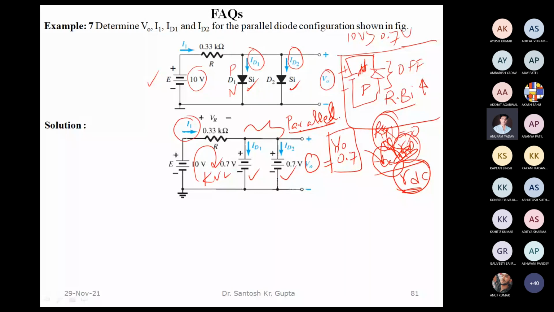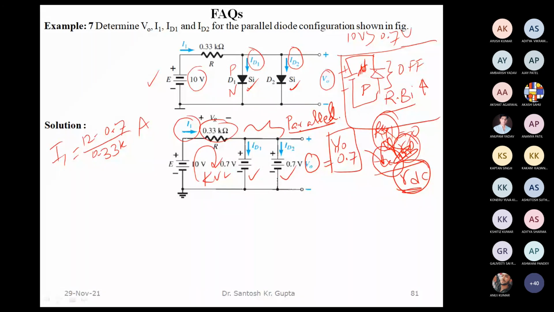Current I1 is equal to 12 minus 0.7 divided by the resistance in the path, 0.33k. This is the value of the current through the 0.33 kilo ohm resistance.